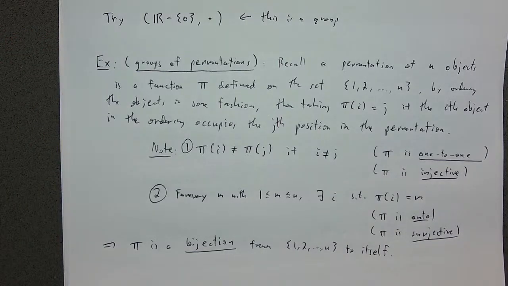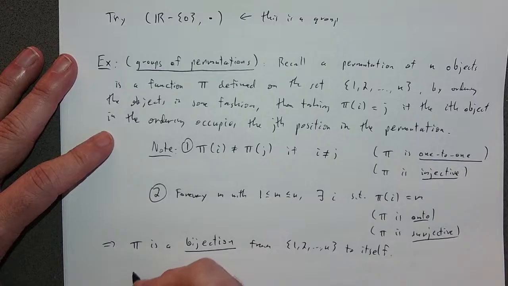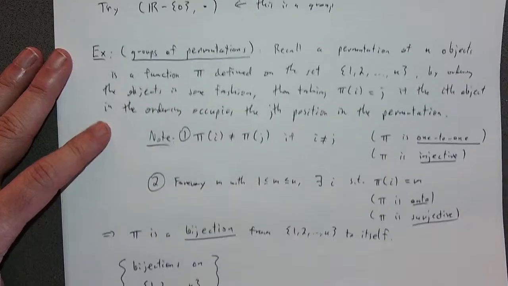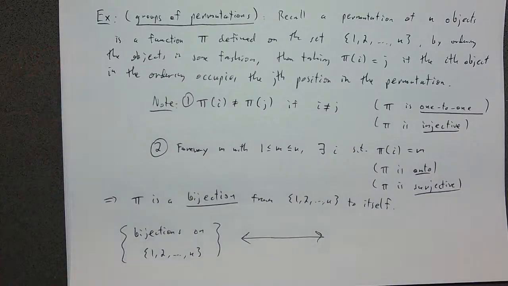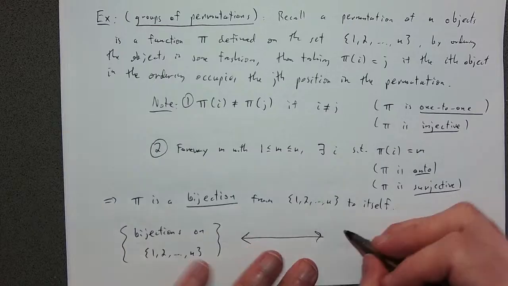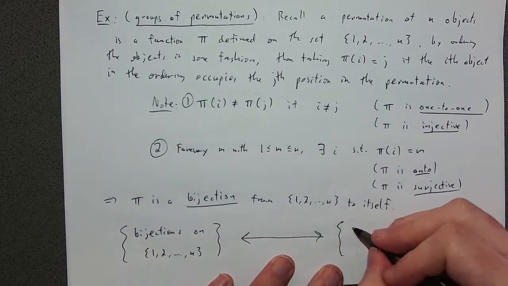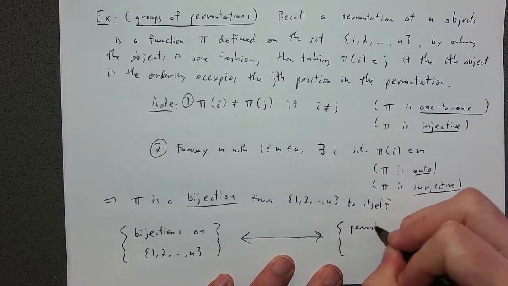Okay. Thus, every permutation of n objects corresponds to a bijection on that set, and every such bijection corresponds to a permutation. So bijections on the set 1 to n are in one-to-one correspondence with permutations on n objects.